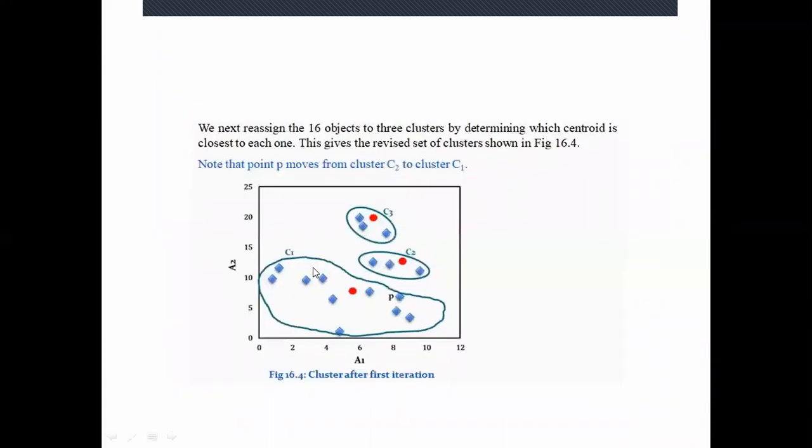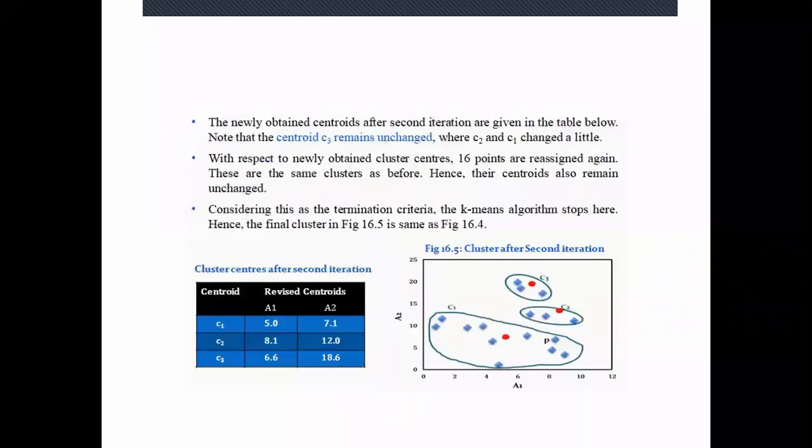If there is any reassignment, suppose previously a data point belonged to C2, now it may belong to C1. You need to find the minimum distance. After doing that, you again find the new centroids. This step is repeated until there is no reassignment. If you are not getting any reassignment, then you can say this is the last step.